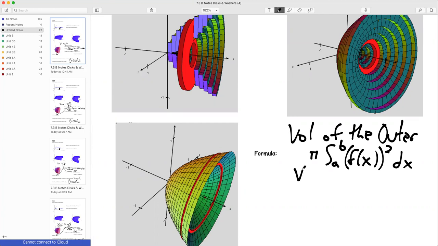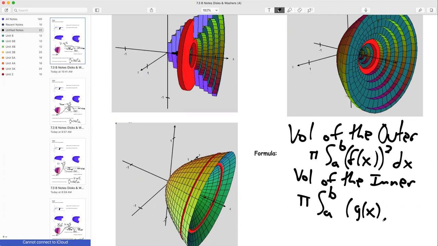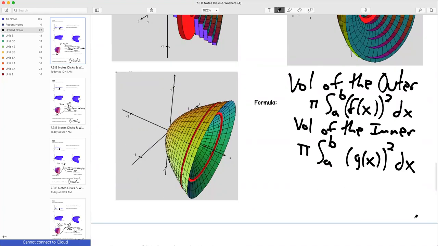Then we have the volume of the inner part, which is pi times the integral from A to B of a separate equation, the bottom equation, squared. And so in order to account for the hole that is generated, we're going to take the outer equation and subtract the inner equation. So combining these two, I have the volume of the washer.